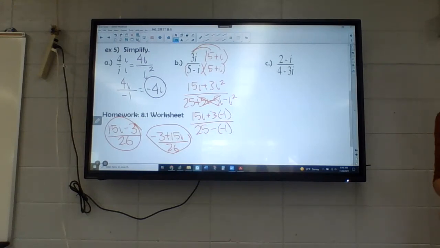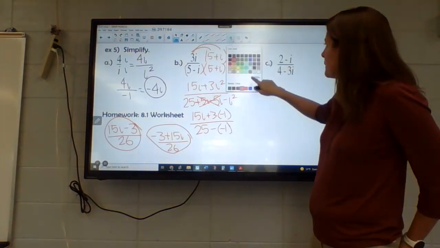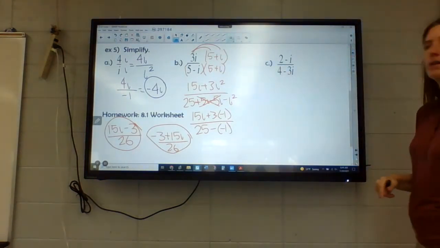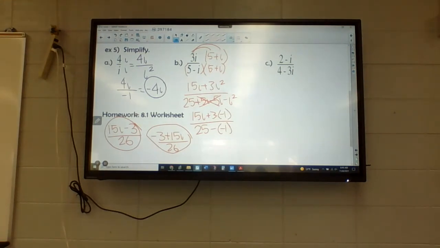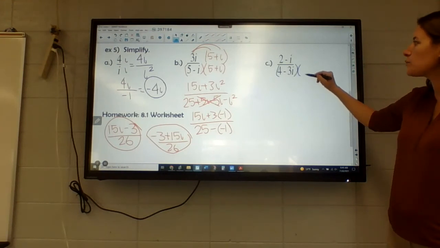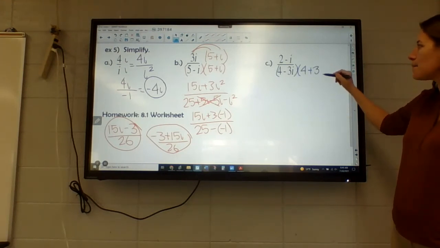All right, last one here. We're going to, again, use the conjugate. What's our conjugate this time? 4 plus 3i. Now this one's a rough one because we have to FOIL on the top and the bottom.